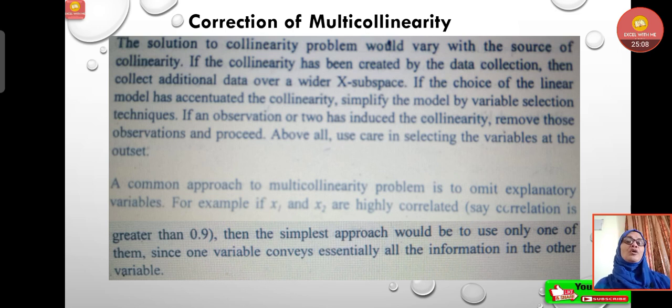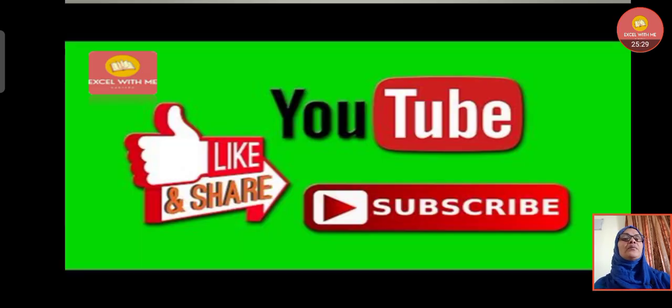A common approach to the multicollinearity problem is to omit explanatory variables. For example, if x1 and x2 are highly correlated, say correlation is greater than 0.9, then the simplest approach would be to use only one of them, since one variable conveys essentially all the information in the other variable.